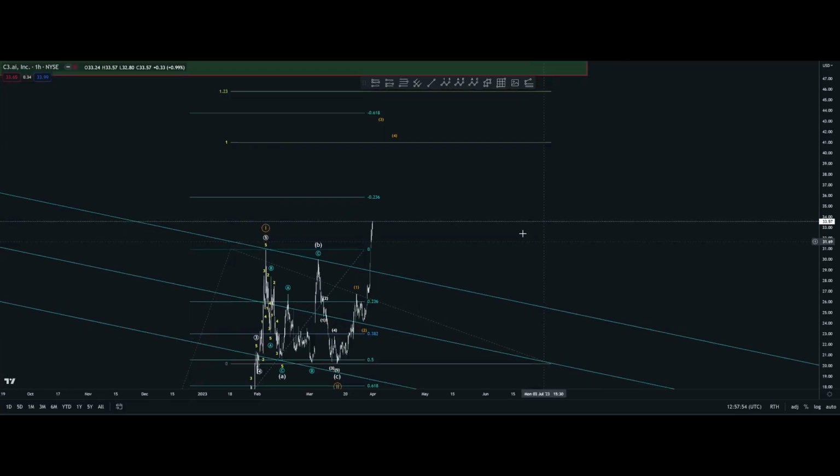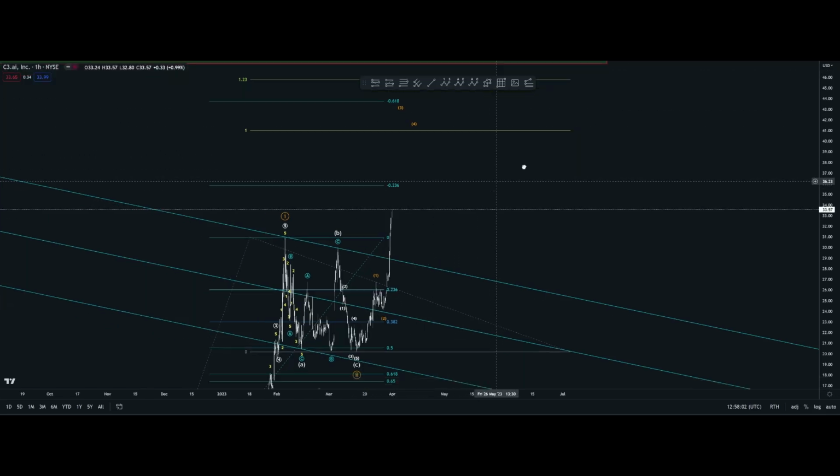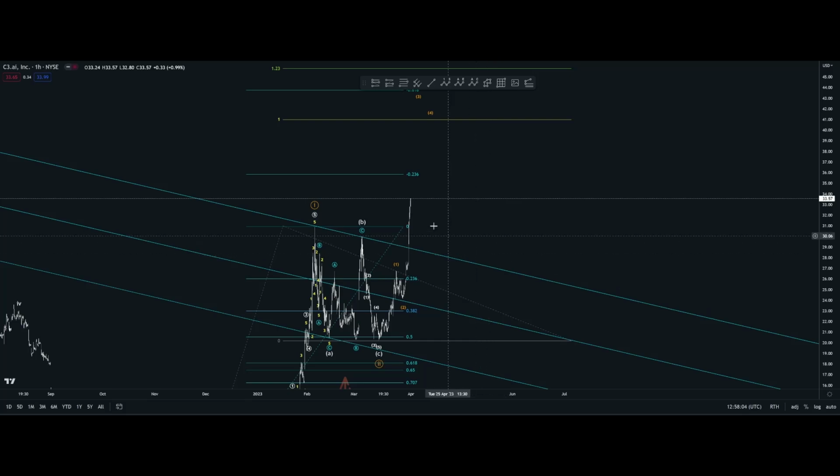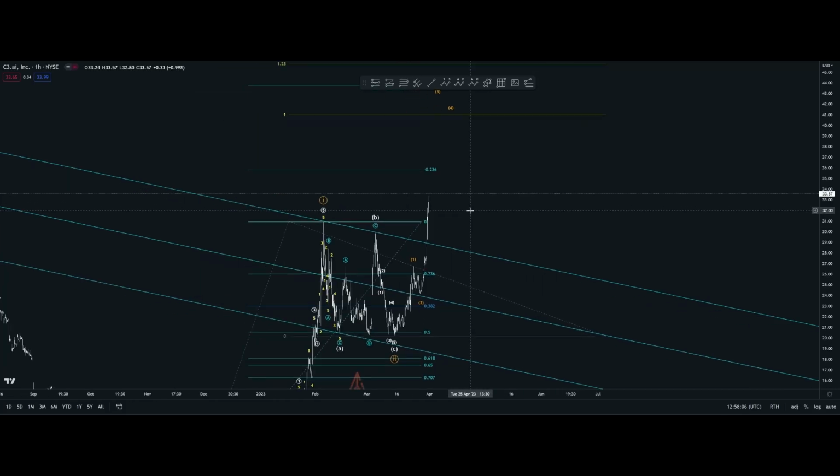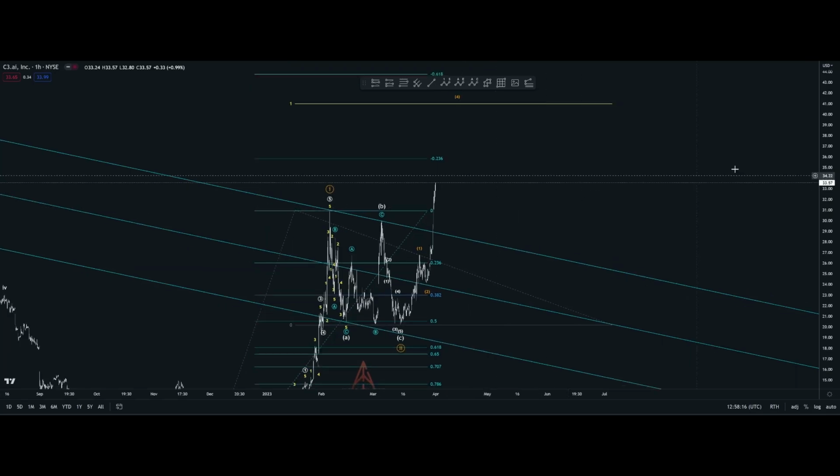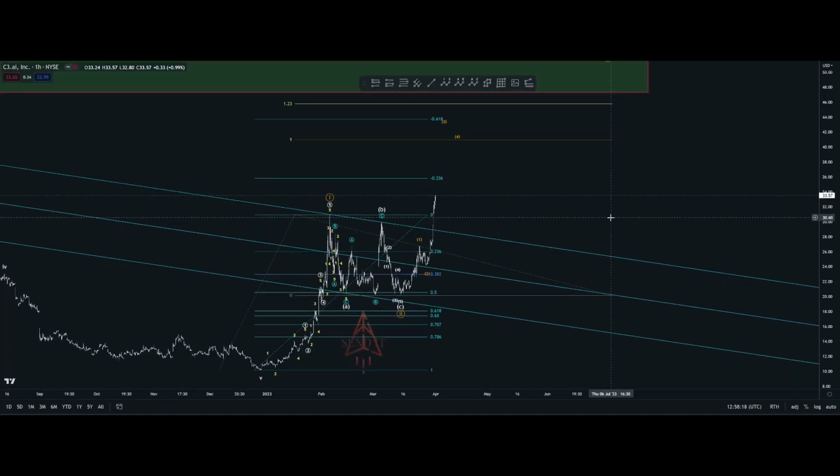So this being 1, 2, 3, 4, 5 can be only 1 and then 2 and then 3 and 4 and 5 of a 3. So if you're in it, that's good. And if you feel like getting in now, it's a bit dangerous, but if you want to buy it as a long-term hold, I think it's a good idea.